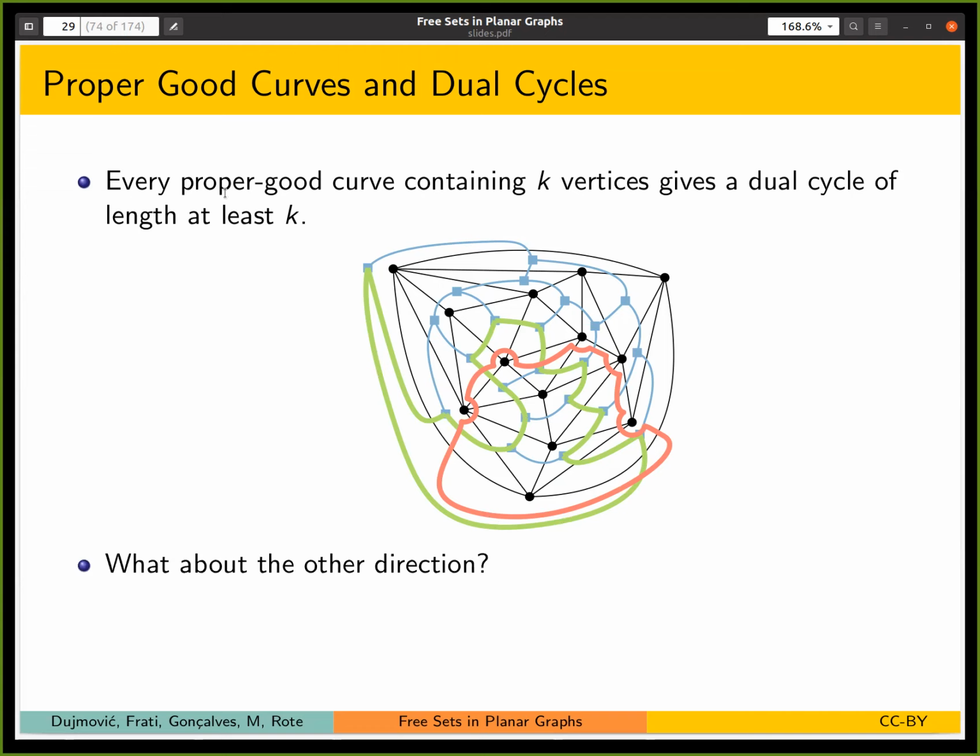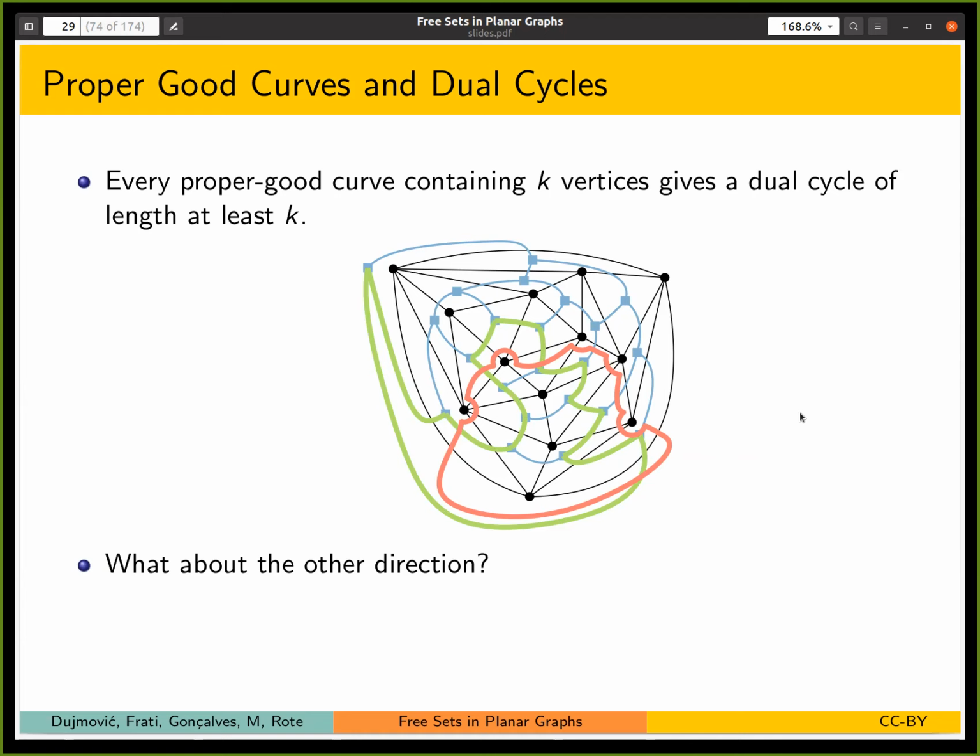So if you have a long proper good curve, where long means it contains a lot of vertices, you get a long cycle. And that's interesting. The natural question to ask is, can you go in the other direction? If you just give me a long cycle in the dual, can I turn that into a proper good curve that contains a lot of vertices?